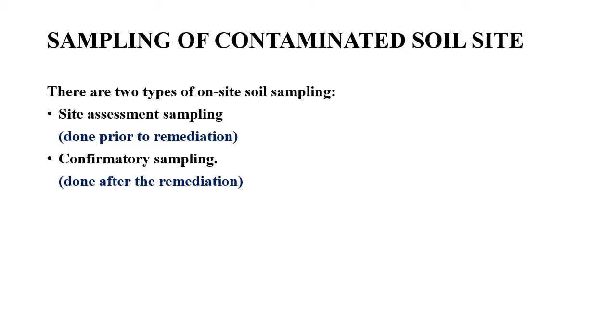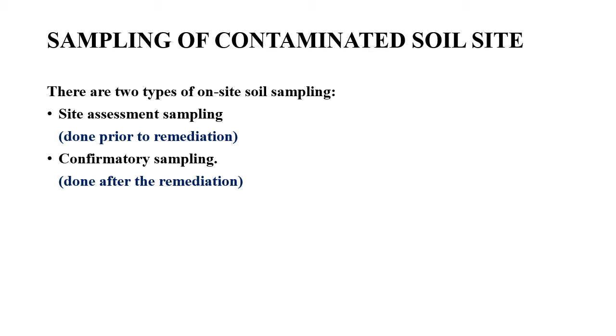Now, sampling of this contaminated soil or the contaminated site is mainly done during two stages. The first stage will be during the site assessment stage, where once you have identified a contaminated land, you have to go and assess the soil quality there to understand the type and extent of contamination, and based on the identification of the contaminants present in that site, a suitable remediation technique has to be adopted.